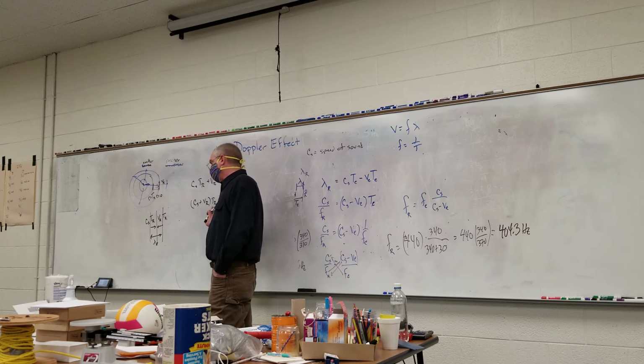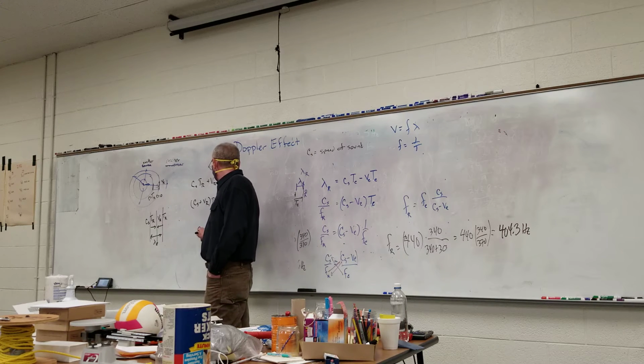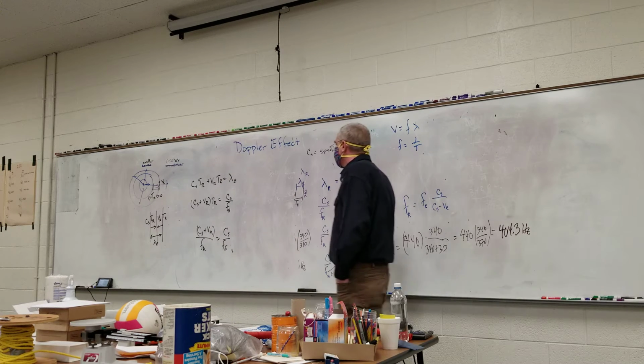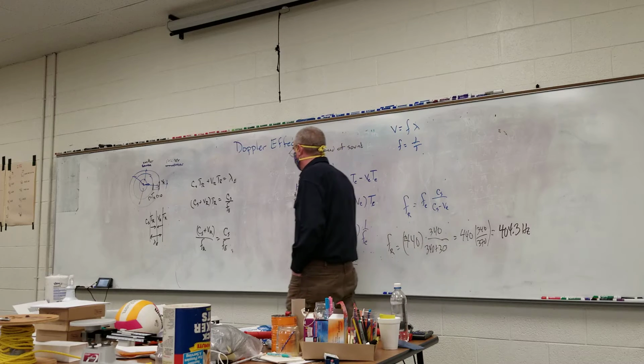The period is the reciprocal of the frequency, as mentioned earlier, so (C sub S plus V sub R) divided by the frequency from the receiver's point of view is equal to C sub S. And now again, we solve for F sub R.